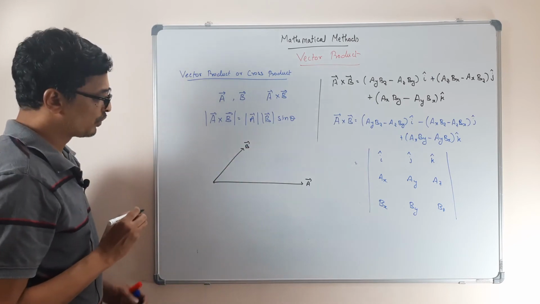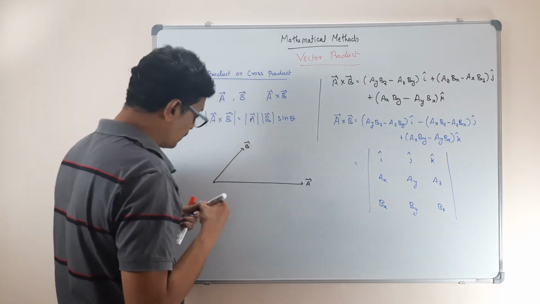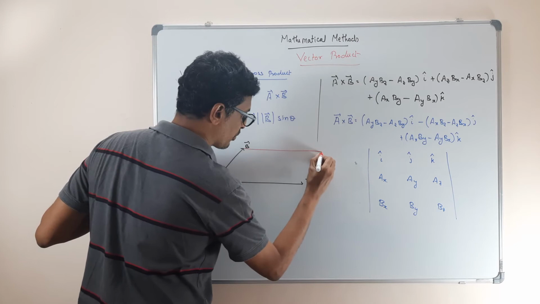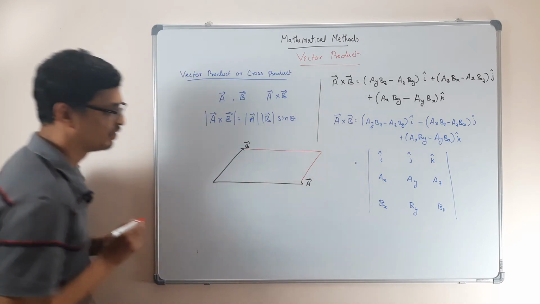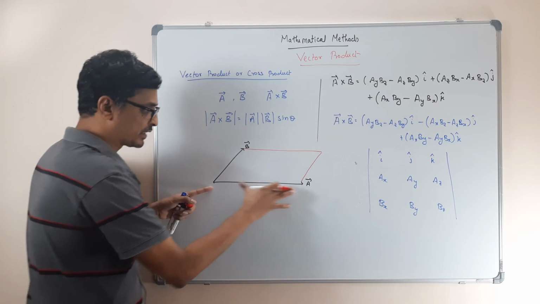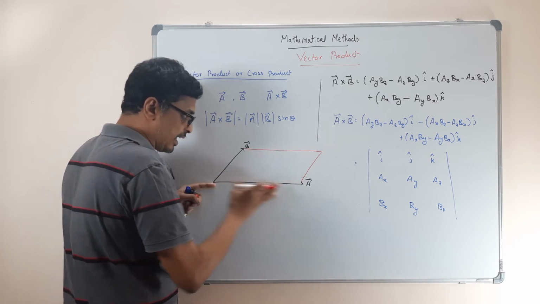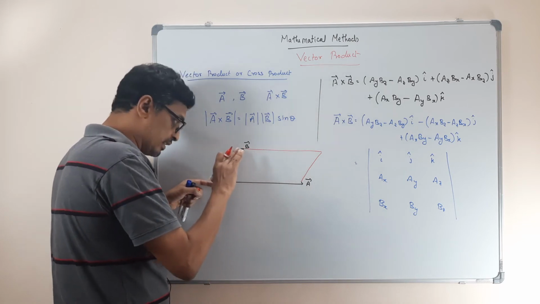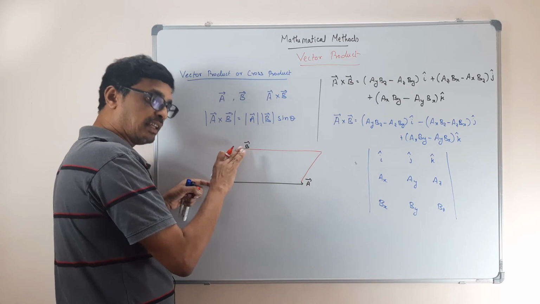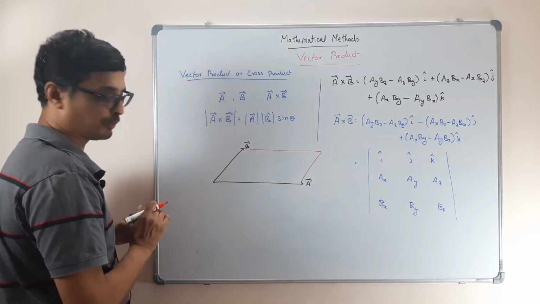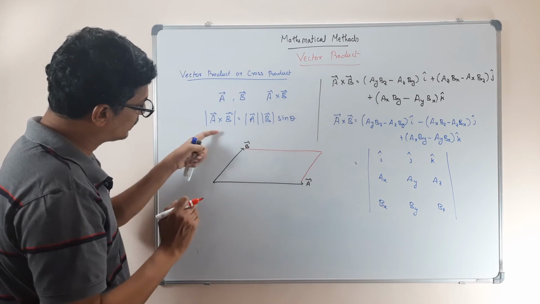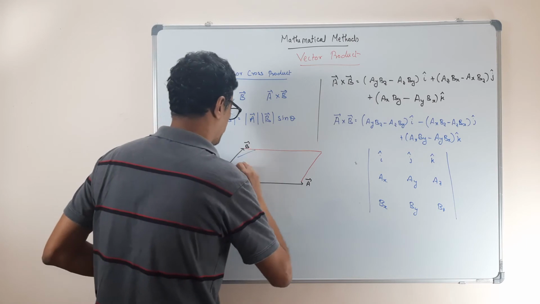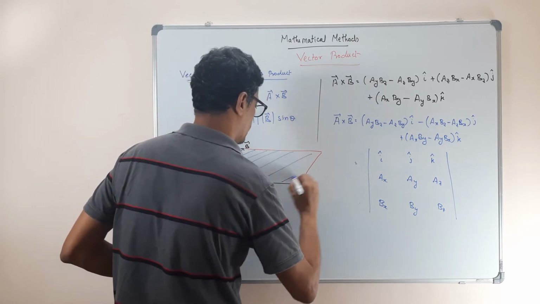If you construct a parallelogram, A represents the vector in direction as well as magnitude. B also represents the vector direction as well as the magnitude. The length is the magnitude. So the magnitude of this cross product is nothing but the area of this parallelogram. How to prove it? Simple.